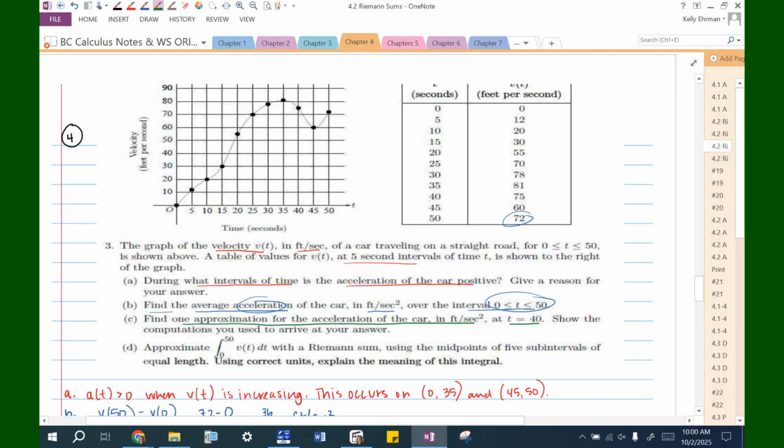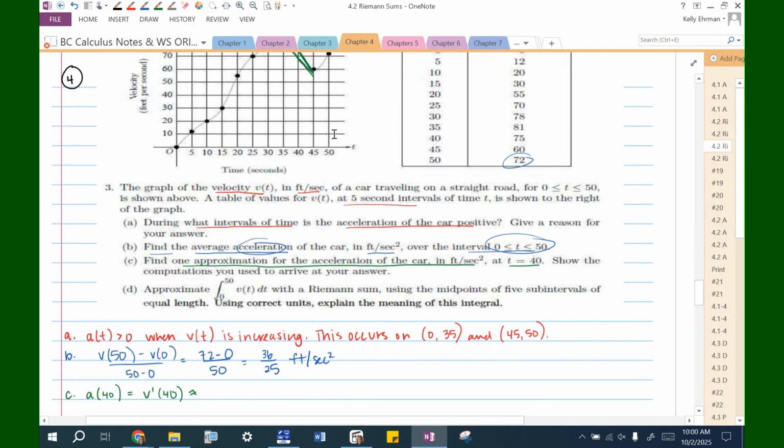So what we should do is find the slope either between 40 and 45, or do the slope between 35 and 40. They're both negative. Or I could do the slope from 35 to 45, but I think it would probably be best to use one of the fives. So I'm gonna go 45 to 40.